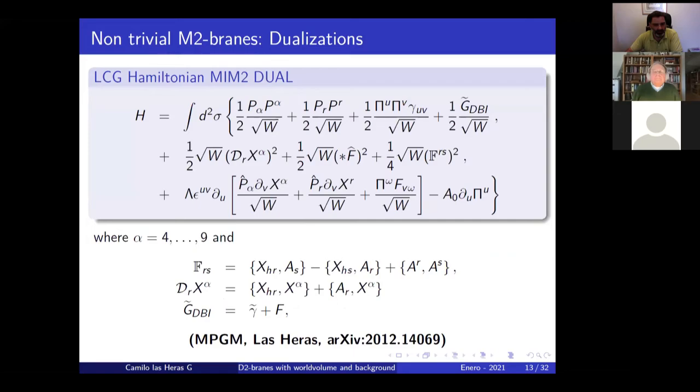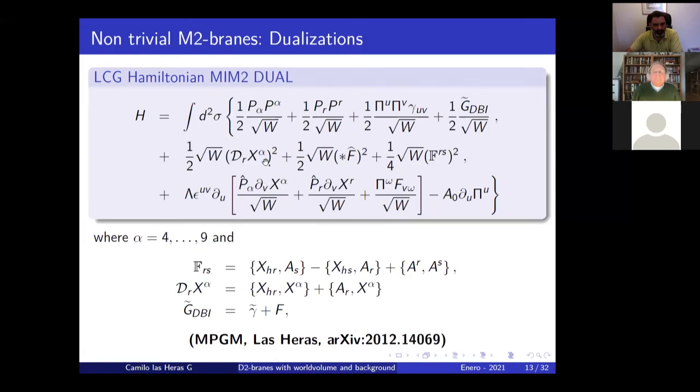If we follow this same dualization process to our non-trivial M2 branes, what we found is this: if we select the Hamiltonian of M2 brane with central charge and perform the dualization, we obtain this new Hamiltonian, where two new terms appear characteristic of the Dirac-Born-Infeld Hamiltonian, but we have a symplectic curvature, a monopole term, and a symplectic derivative. This D2 brane has a new feature, I would say.